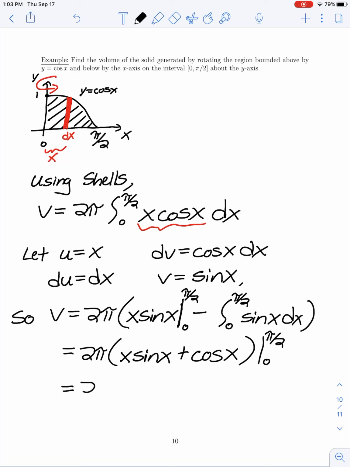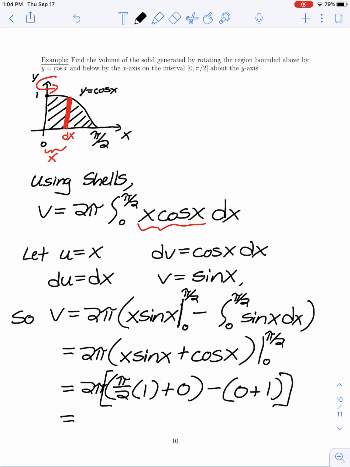So let's see what we've got. We have a constant 2 pi times evaluating at x equals pi over 2. We have pi over 2 times sine of pi over 2, which is 1, plus cosine of pi over 2, which is 0. And then we subtract what we get when we evaluate at x equals 0, which would be 0 plus cosine of 0, which is 1.